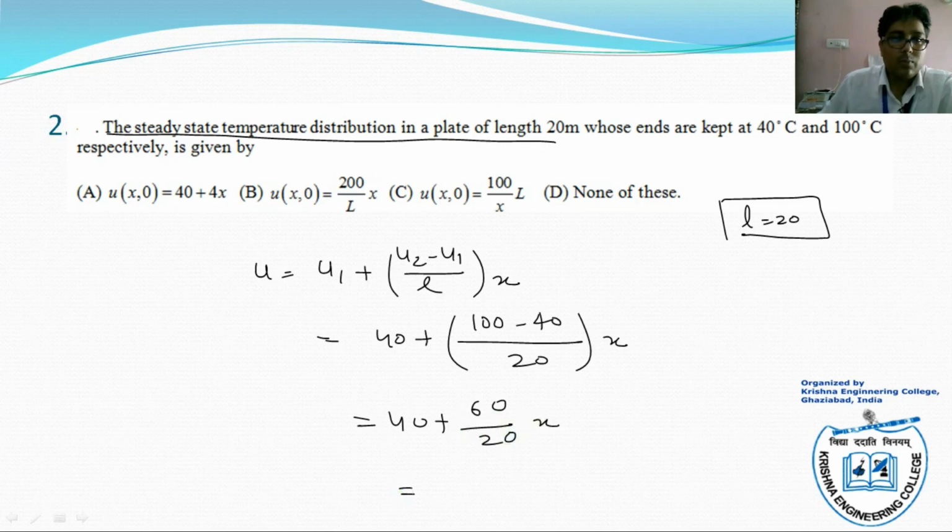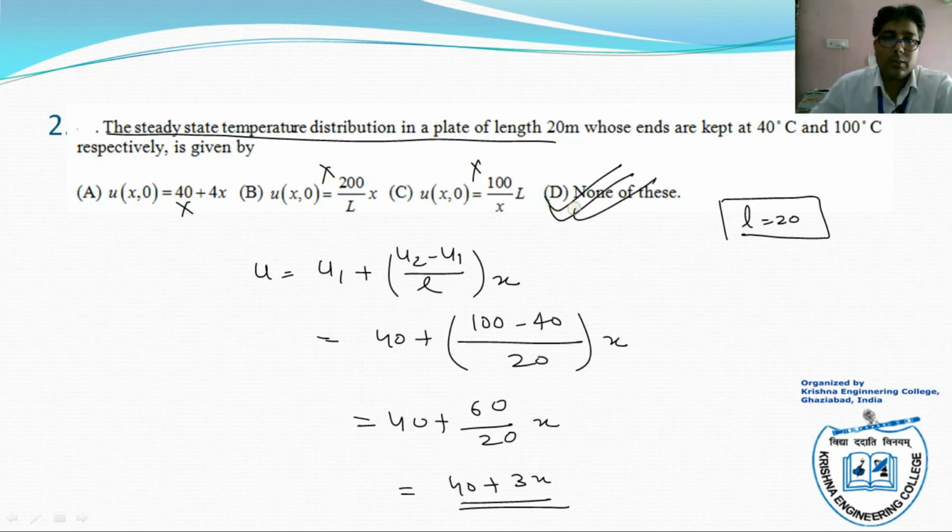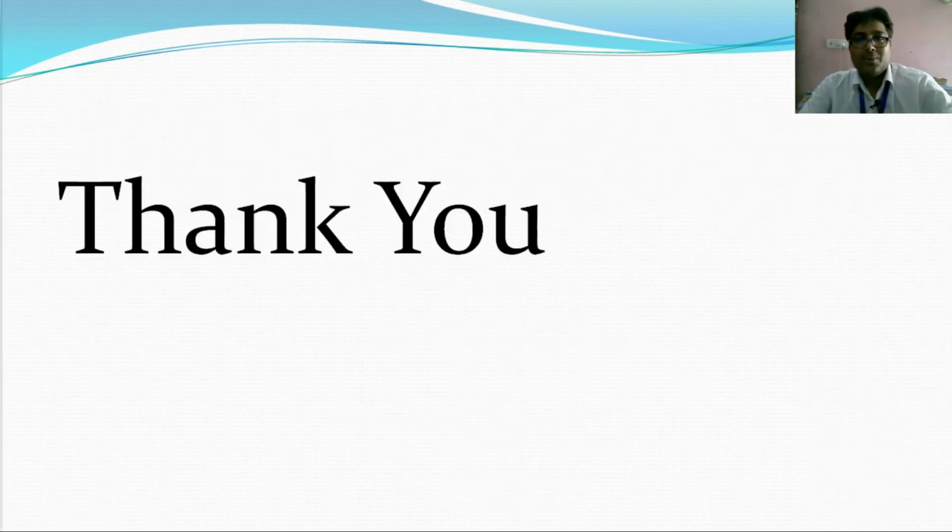So in this problem, the solution is 40 plus 3x. Clear? The correct answer is 40 plus 3x. So the options are not correct, not correct, not correct. So none of these. Option D is correct here. Problem clear? Okay. Thank you.